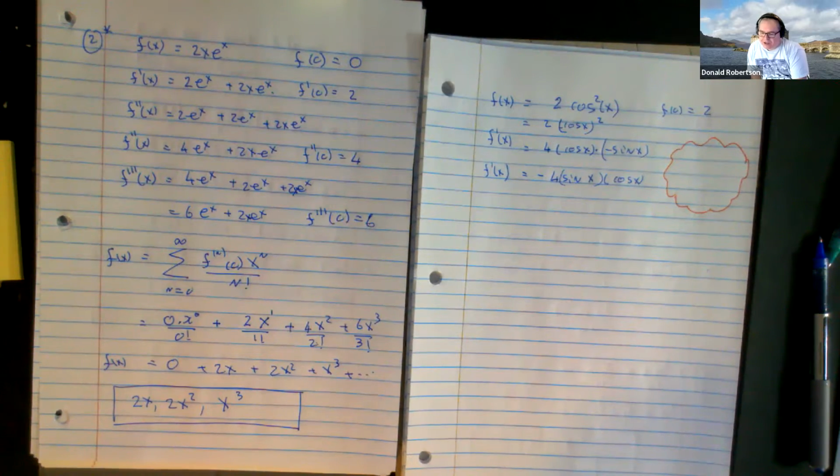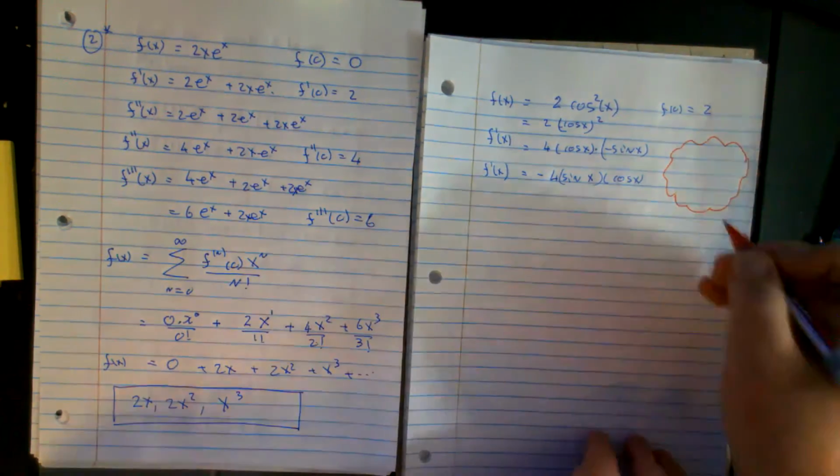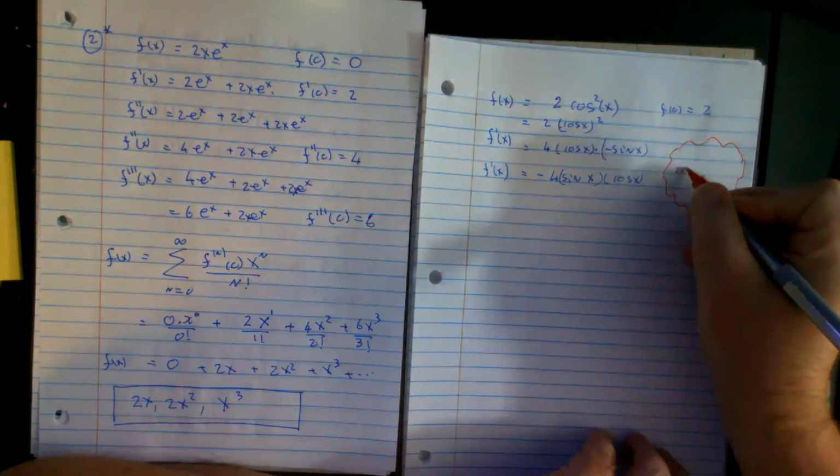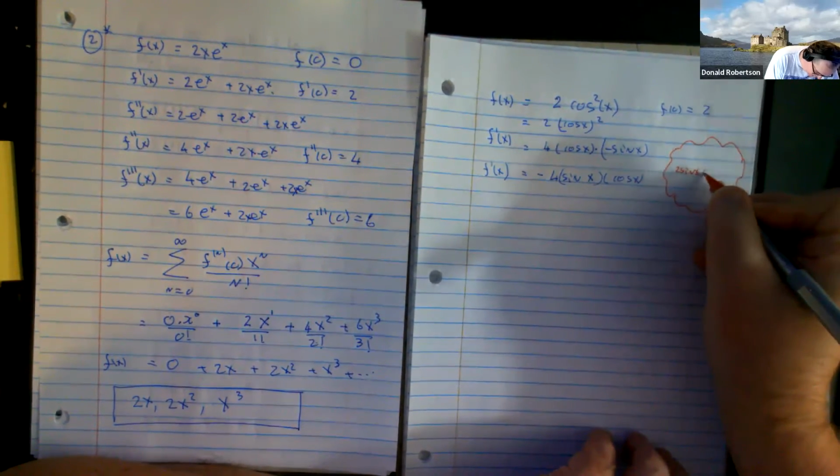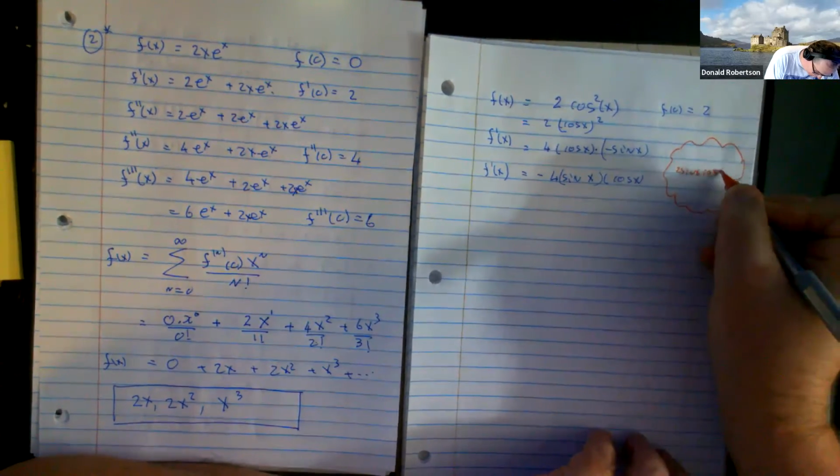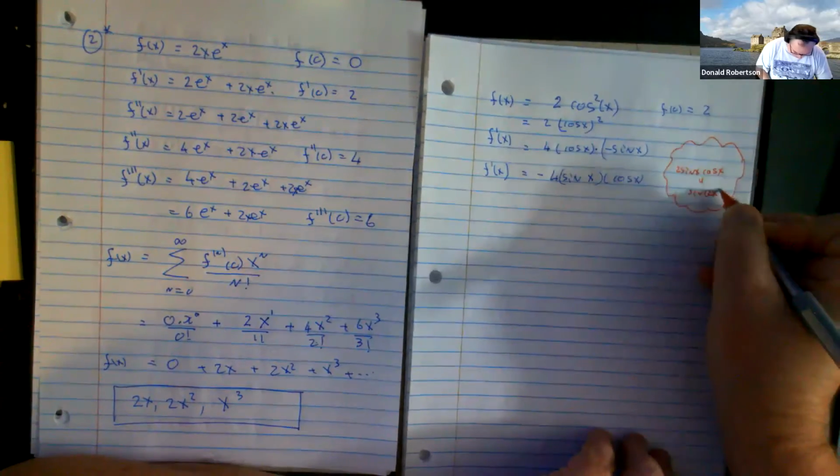Okay, it'll be even nicer. 2 sine x cosine x is equal to somebody. Who is 2 sine x cosine x equal to? Sine of 2x. Correct. So 2 sine x cosine x can be replaced by the sine of 2x.